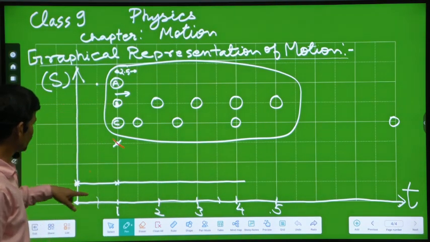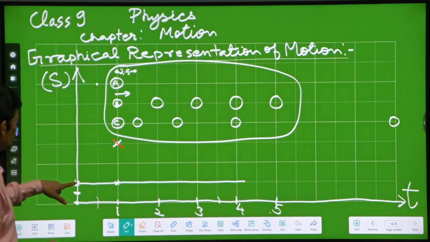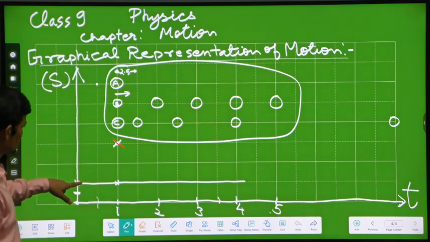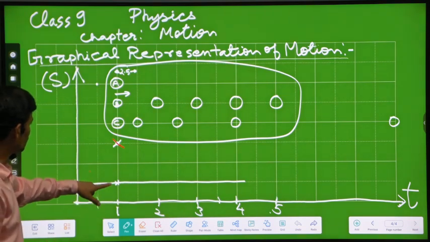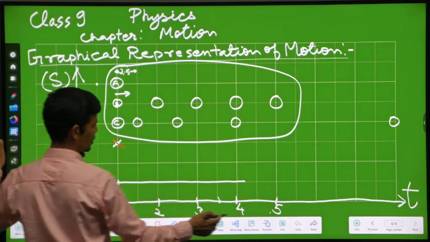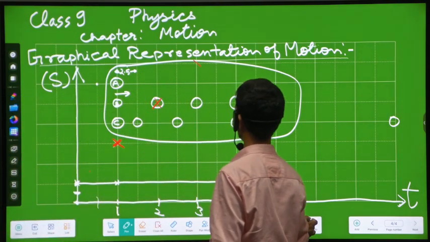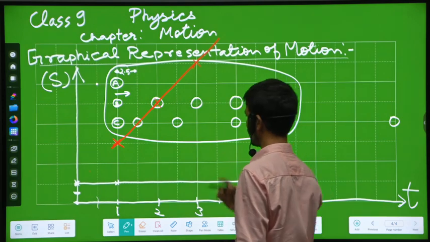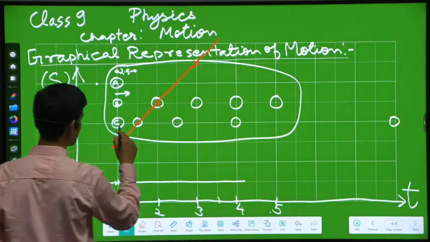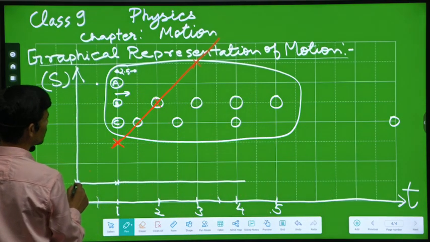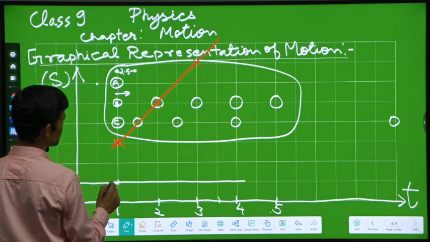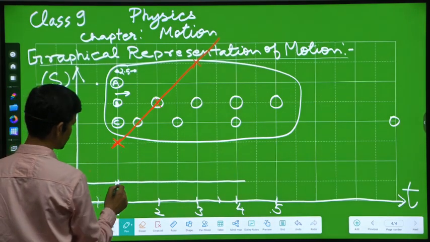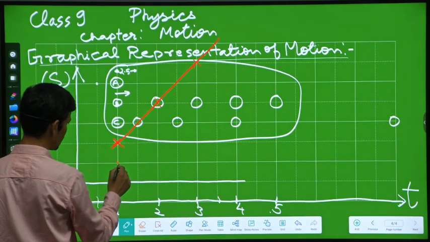Yeah, of course all of the points are beginning from here. So after 1, yeah, okay, it was correct. All right, so here earlier it was here, then after 1 second it has traveled half of the distance.